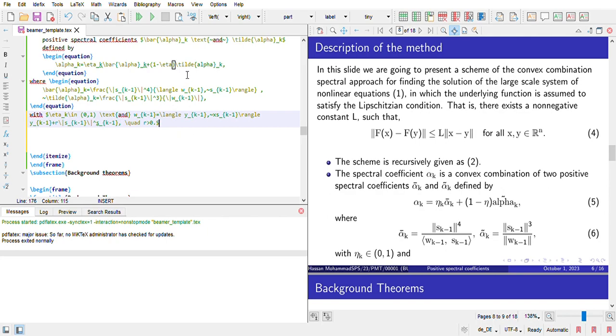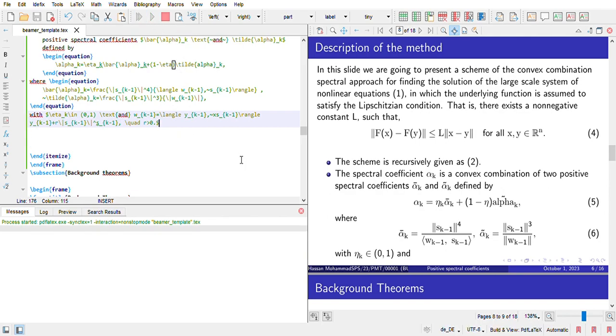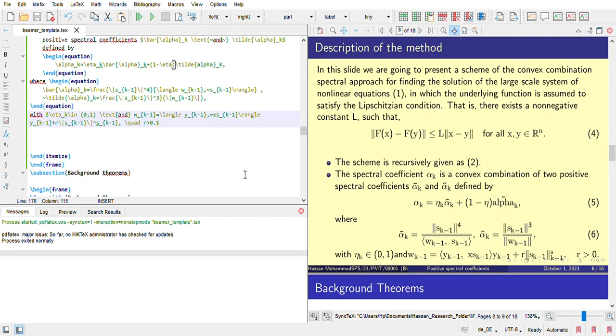Well, it happens that we spend about 20 minutes on just one slide, but it's just a demonstration. Of course, we may not be able to spend that time.